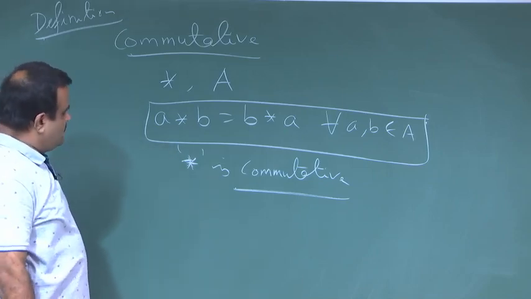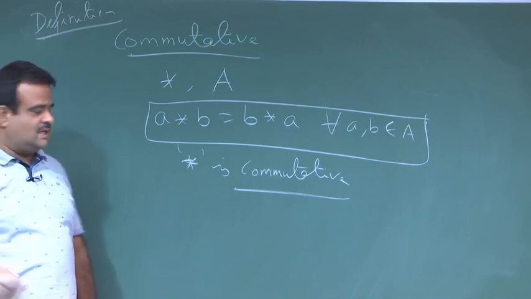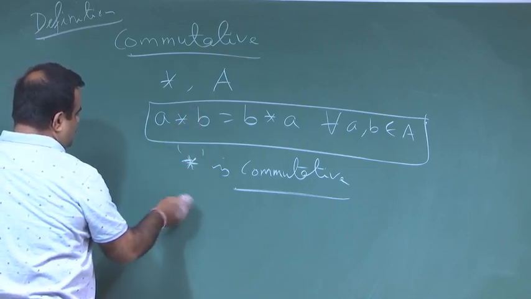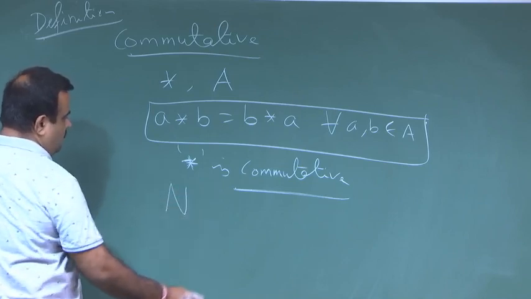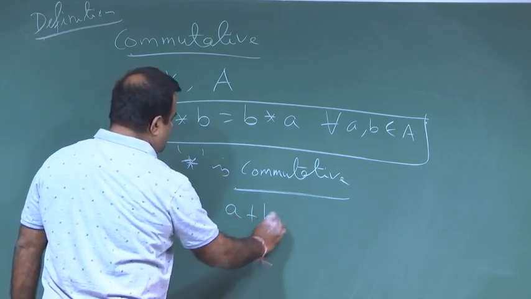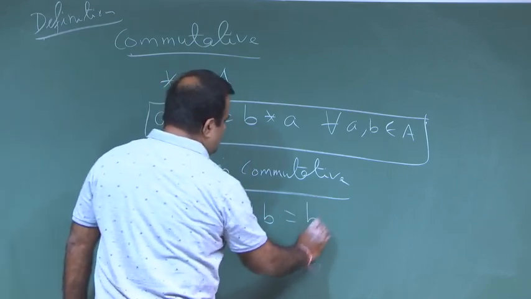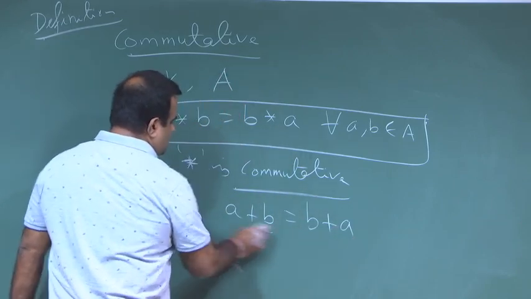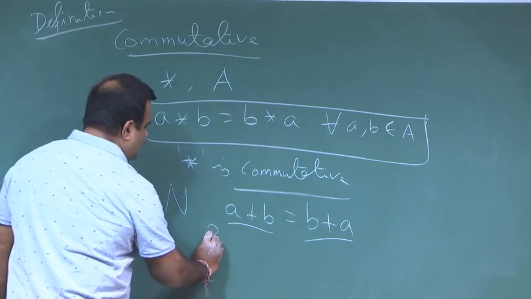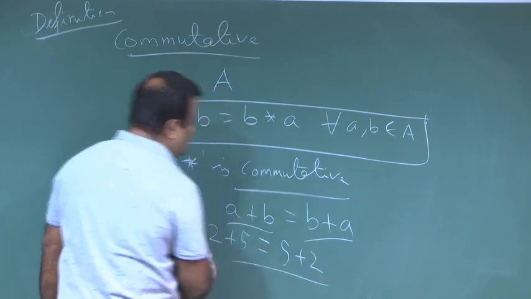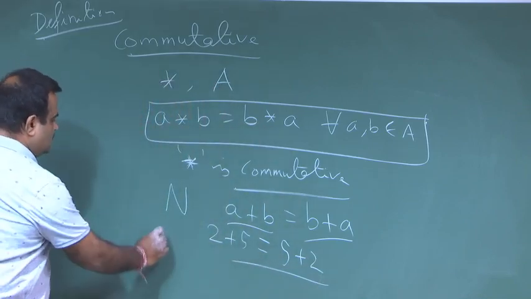Similarly, for example addition. If we take A to be Z or N and define a plus b, this is real number addition, and we know a plus b is the same as b plus a. Like 2 plus 5 is 5 plus 2. So plus is commutative.